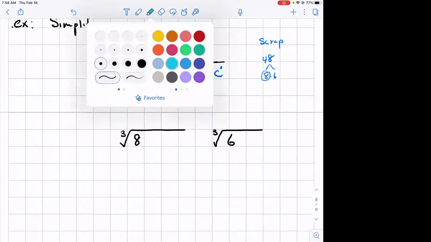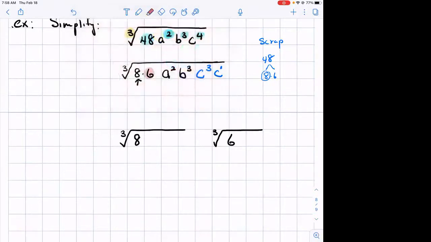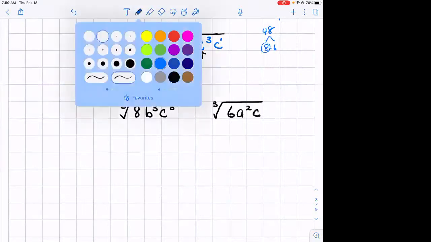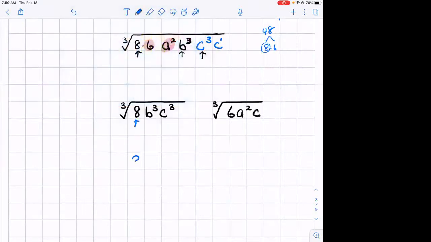So we don't know the cube root of 6. We don't know the cube root of a squared, so I put that over here. However, b cubed can be simplified because the power is divisible by 3. C cubed, okay, can be simplified, but c by itself cannot. So now we look at the cube root of 8 is 2.